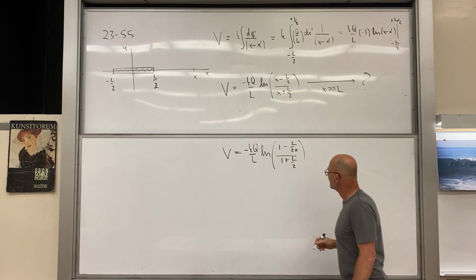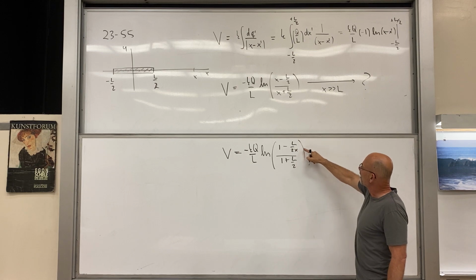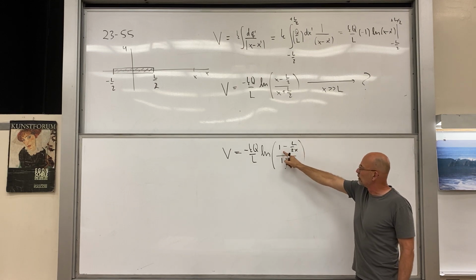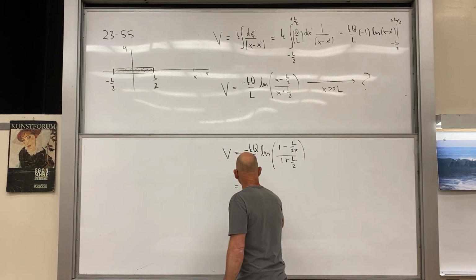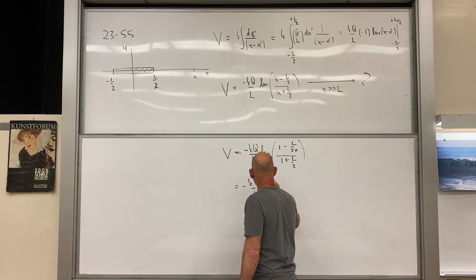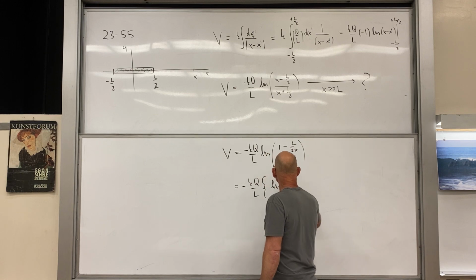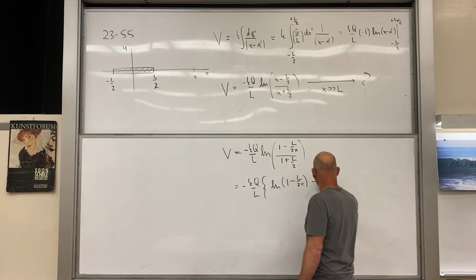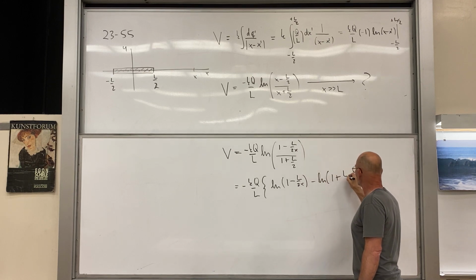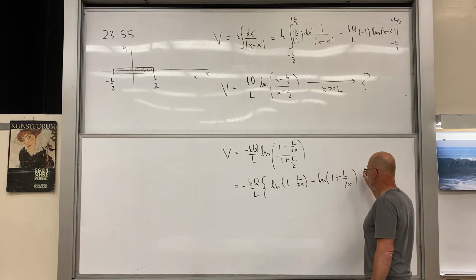At this point, both arguments, the numerator and denominator, are dimensionless, and we can say we've got minus KQ over L, natural log of 1 minus L over 2x minus natural log of 1 plus L over 2x.